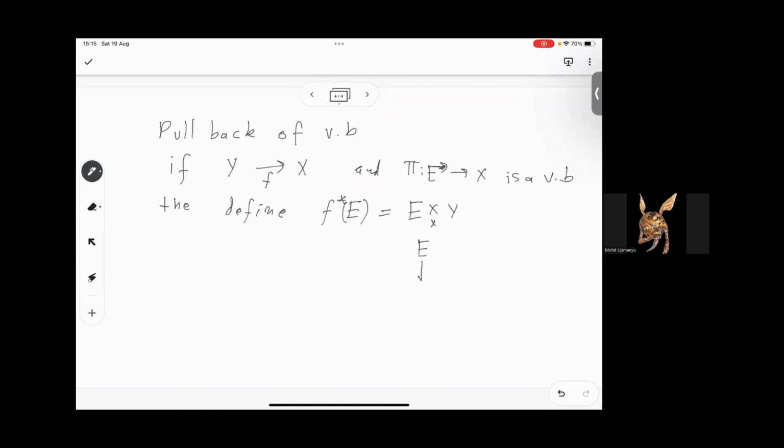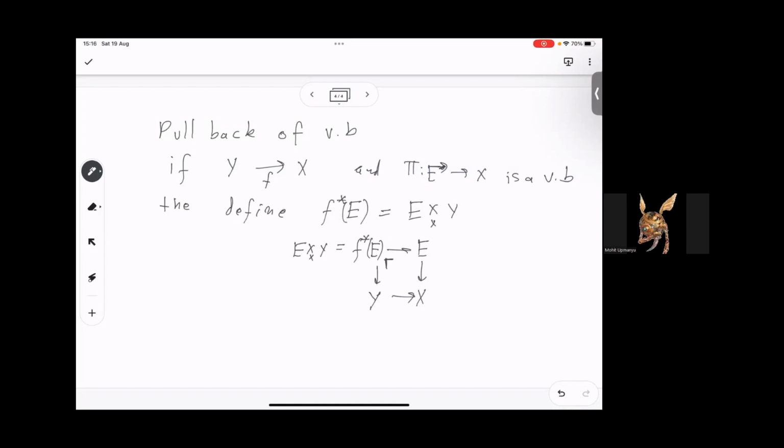So in some sense, we have this diagram. So we define the pullback as the fiber product. That's quite literally the definition, right? And what I want to point out is that just using this definition, it's fairly easy to see that the pullback of a vector bundle is a vector bundle.